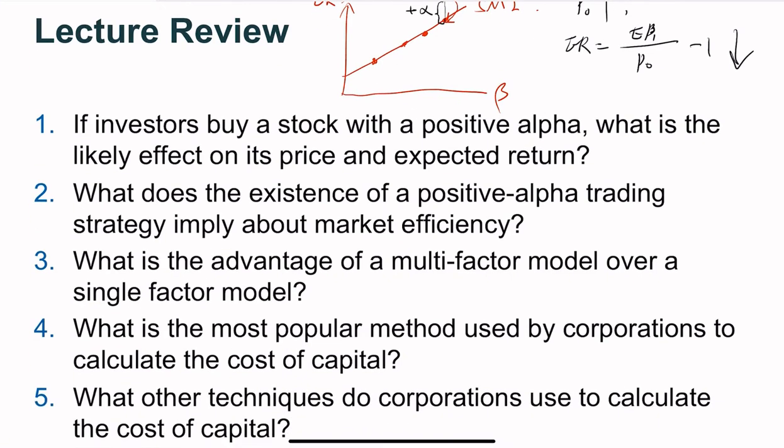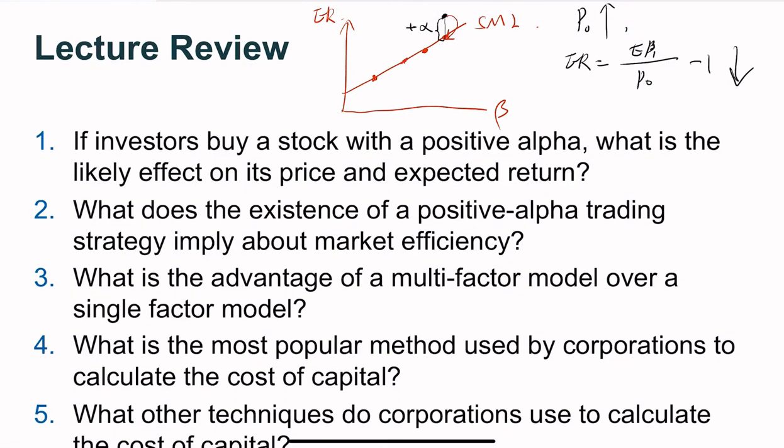What does the existence of a positive alpha trading strategy imply about market efficiency? The second question can be explained by using the same picture we just drew, right? If the market is efficient, then every stock should stay on this security market line. However, if there is a positive alpha trading strategy, it implies that you can find a portfolio which deviates from the security market line.